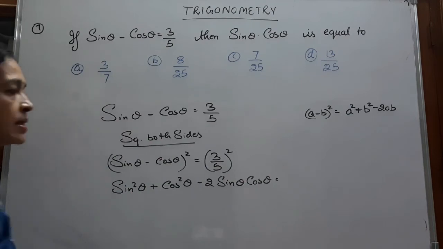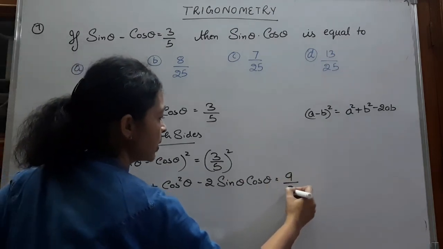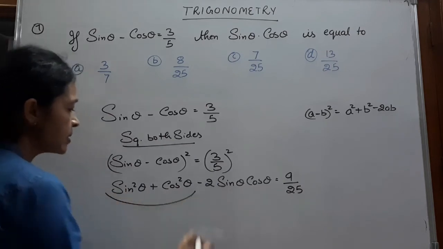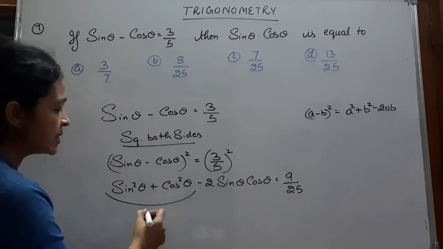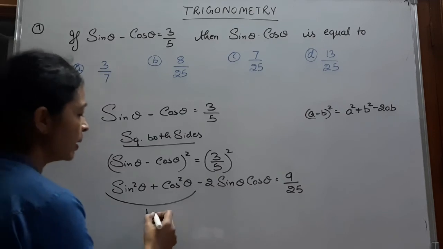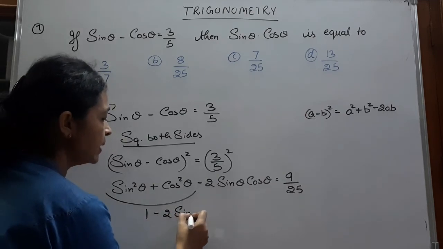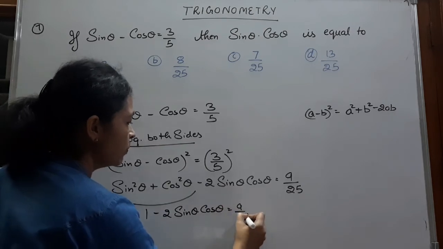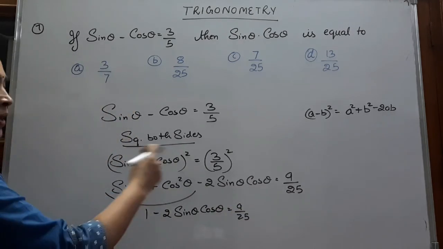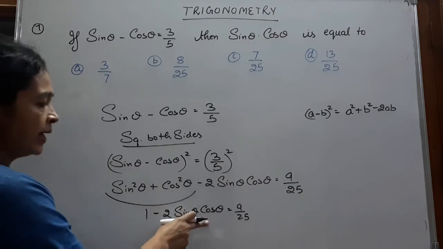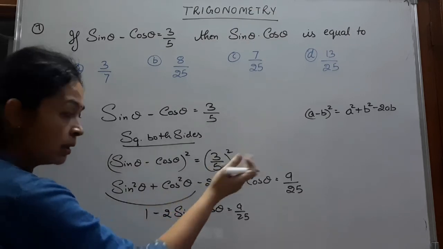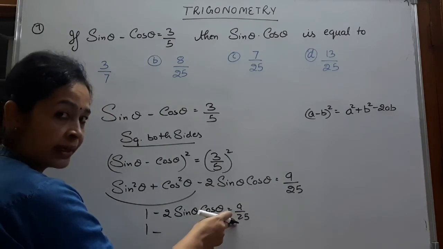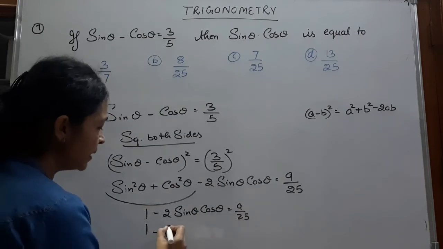3 whole square is 9, 5 whole square is 25. We have an identity: sin square theta plus cos square theta equals 1. So 1 minus 2 times sin theta cos theta equals 9 by 25. Take 9 by 25 to the left hand side and 2 times sin theta cos theta to the right hand side.